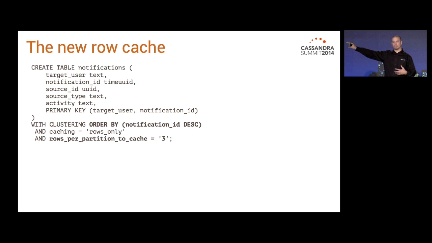Target user is my partition key. Notification ID is my collation element. So I'm going to tell it to order by those notification IDs in descending order. Notification ID is a time UUID, so I'm basically caching the most recent activity in chronological order.